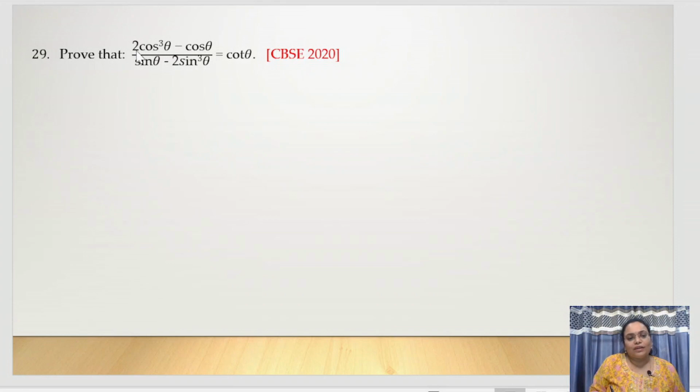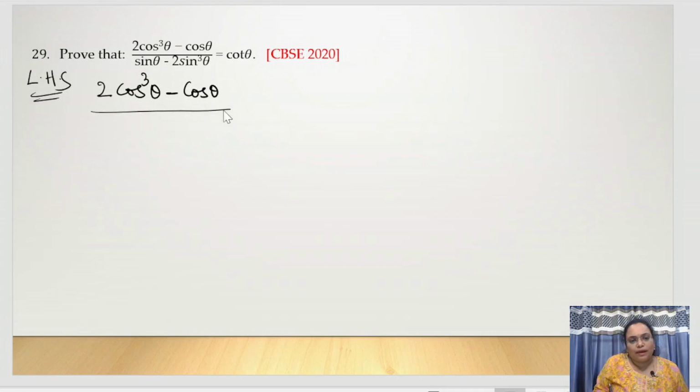Prove that 2 cos cube theta minus cos theta by sin theta minus 2 sin cube theta is equal to cot theta. So let us take LHS first. What is the LHS? It is 2 cos cube theta minus cos theta by sin theta minus 2 sin cube theta.